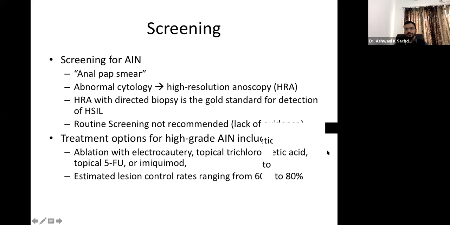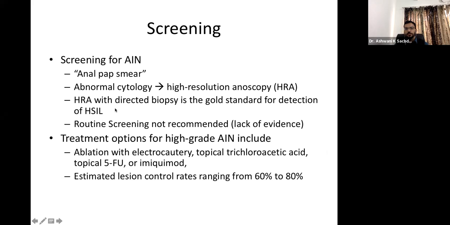Screening for anal intraepithelial neoplasia is like in cervical cancer. An anal pap smear can be taken, and if there is abnormal cytology, as I mentioned for anal intraepithelial neoplasia, whether it is grade 1, 2, 3 or anything, then high resolution anoscopy is done.